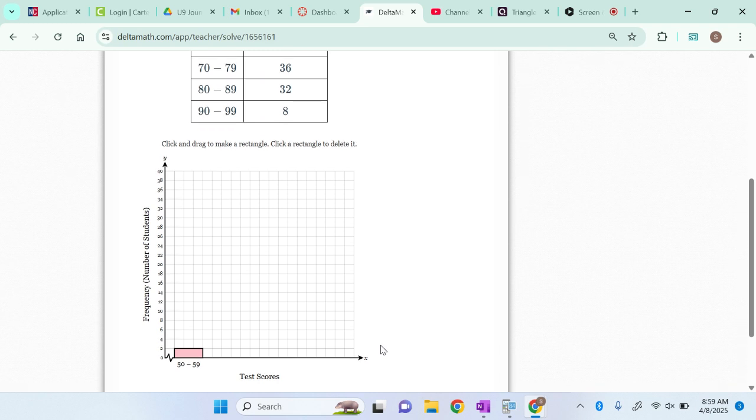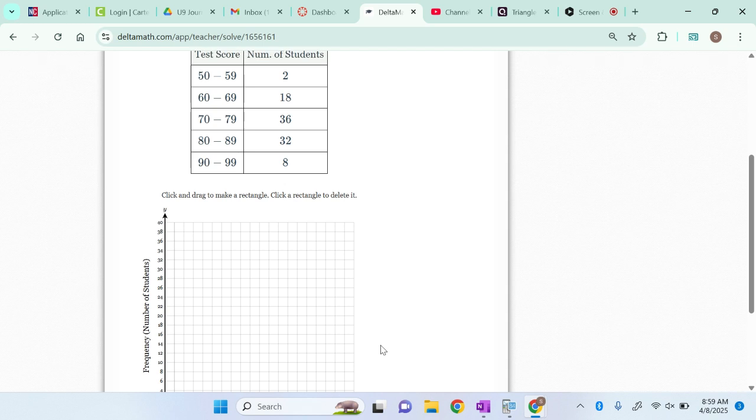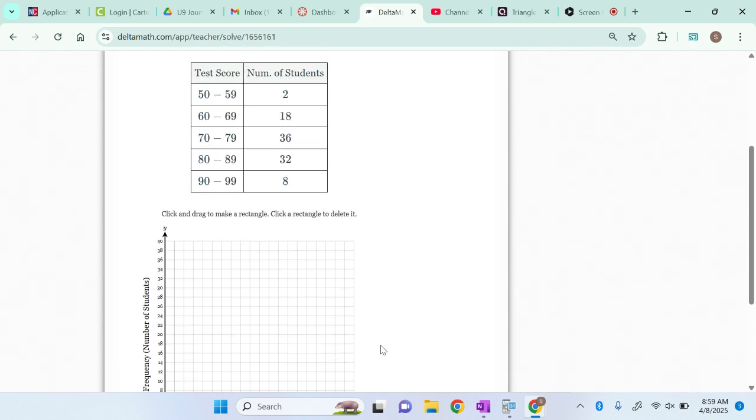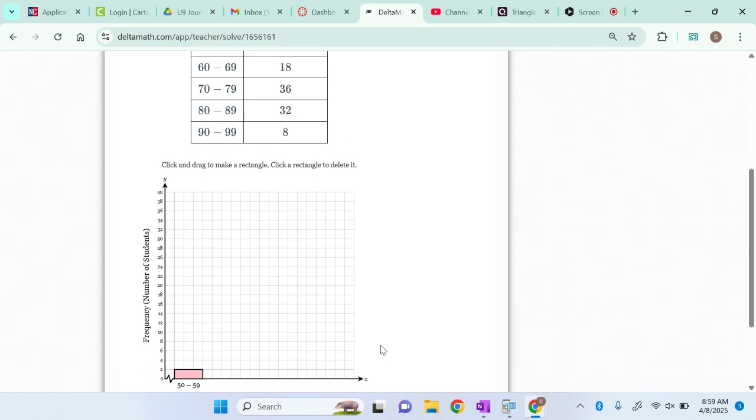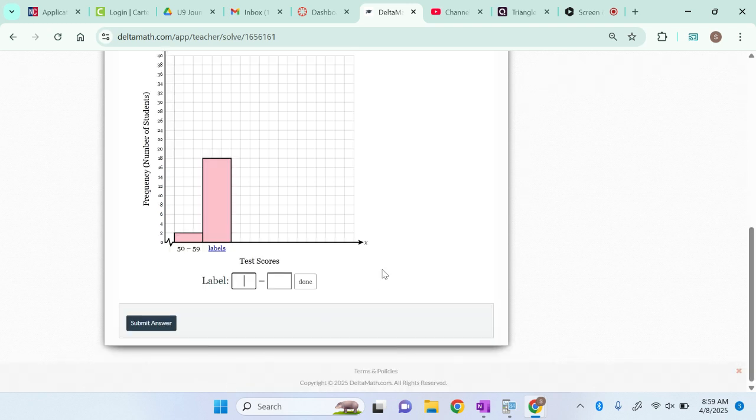For every other bar from here on, I'm going to make it 3 squares. Then from 60 to 69, I have 18. So I go up to 18 in the next available column, go 3 squares over, and make sure you go all the way down to the bottom. I'm going to label it 60 to 69.